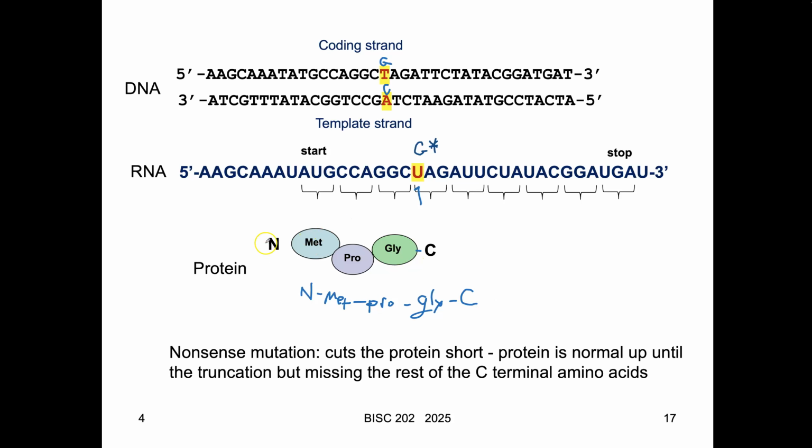So when you write it like this, you're communicating that's the stop codon. Because when we're writing out the normal gene sequence, we never write stop. That's the end of the amino acid sequence, and then we put the C terminus there. Okay, that's just a conventional way of describing it.